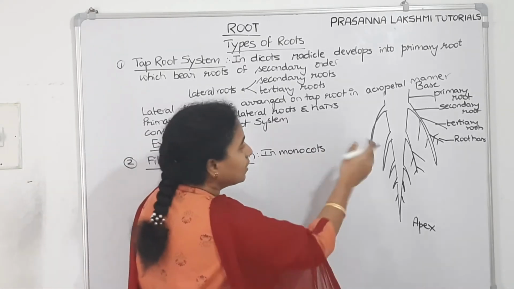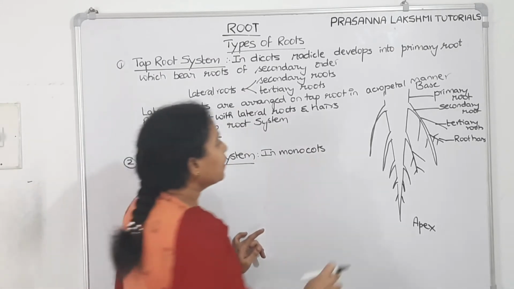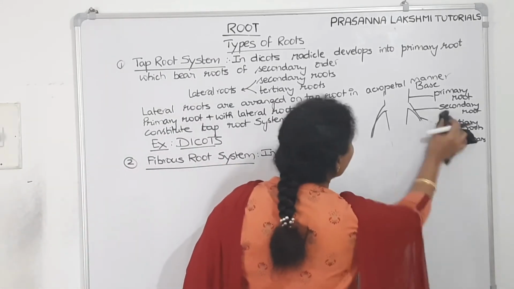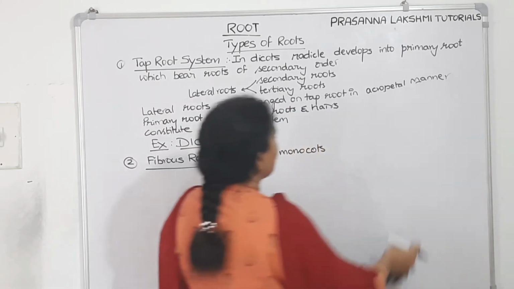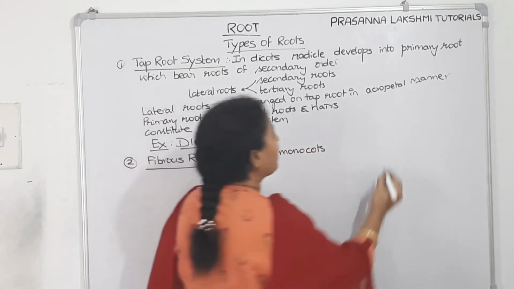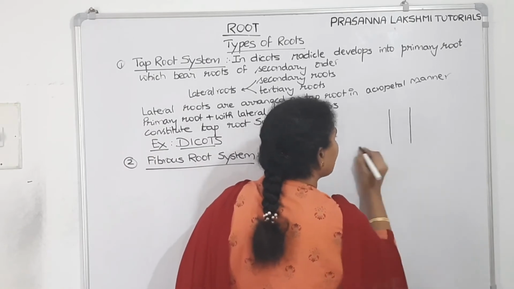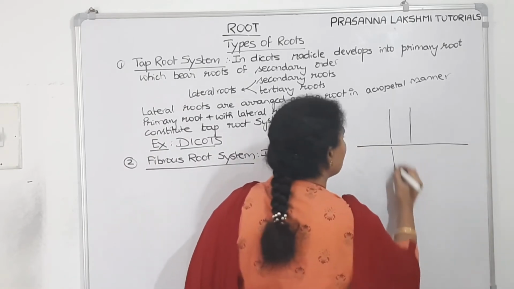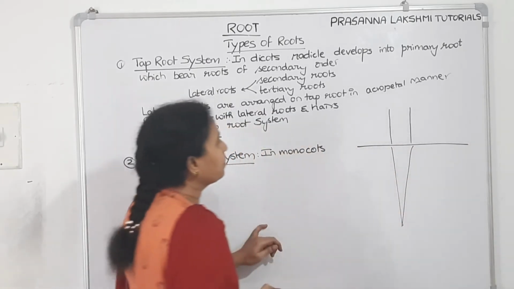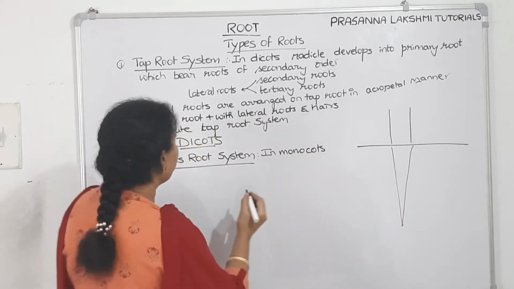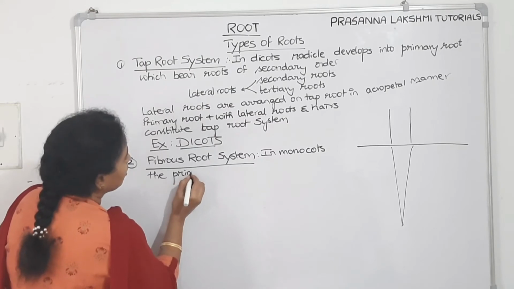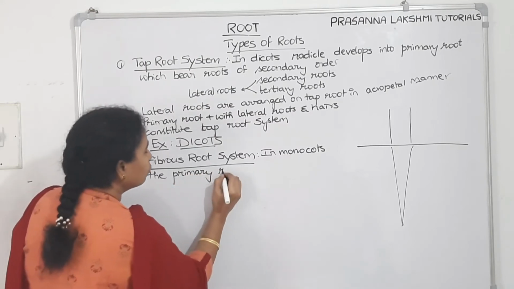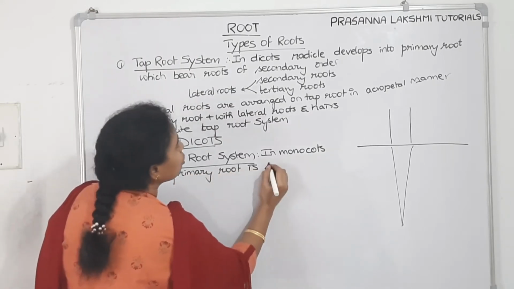In monocots, I'll erase this diagram, and here we can draw the structure of a monocot root now. Now in monocots, what happens? So this is the stem, this is the underground portion, this is the primary root. In monocots, the primary root is short-lived.